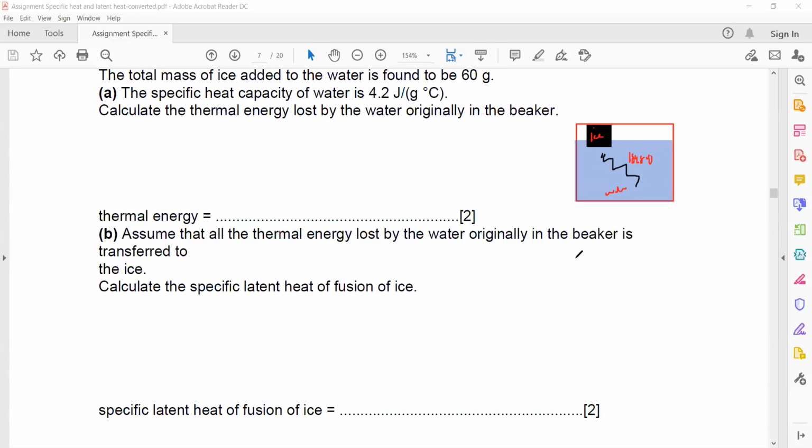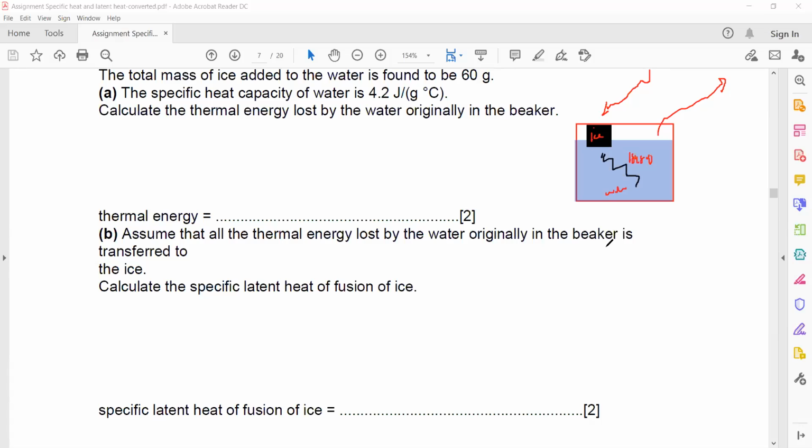But in reality, in practice, this will not be true, because maybe the ice might take energy from the surrounding, or the water might lose energy to the surrounding. So you should be specific. If you're saying heat loss to the surrounding, you should mention heat lost by water to the surrounding, or heat absorbed by ice from the surrounding.